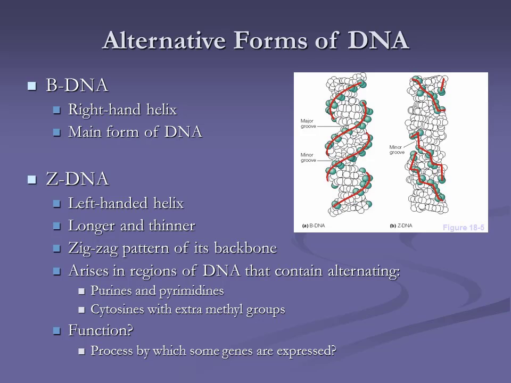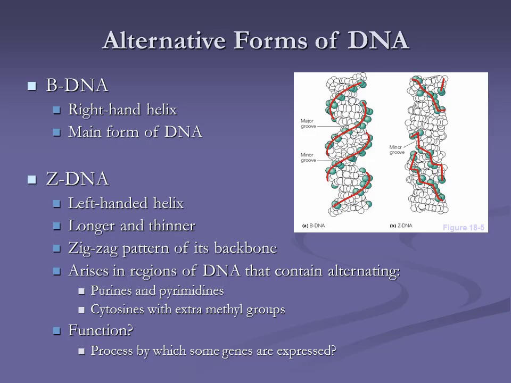Well, we contrast B DNA from a left-handed helix that is called Z. And I think you can imagine where we get Z from, because you can see how zigzag some of our phosphate backbones look.